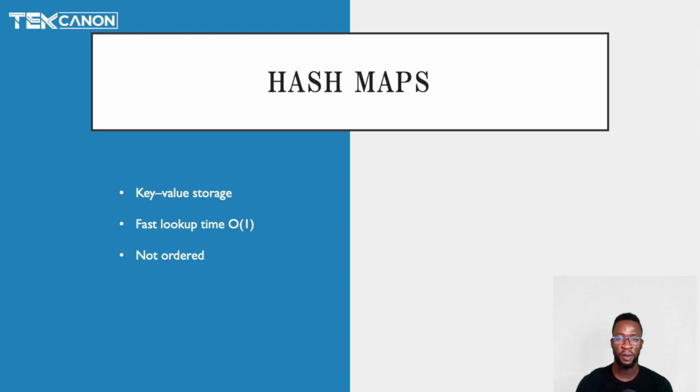Well, let me give you the formal definition of a hash map. Hash maps are data structures that are used to store data in a key value format. If you were to store some values in a data structure like an array, you would simply add them to the array and list them in order 1, 2, 3. But in a hash map, you would have a key that points to your actual value.